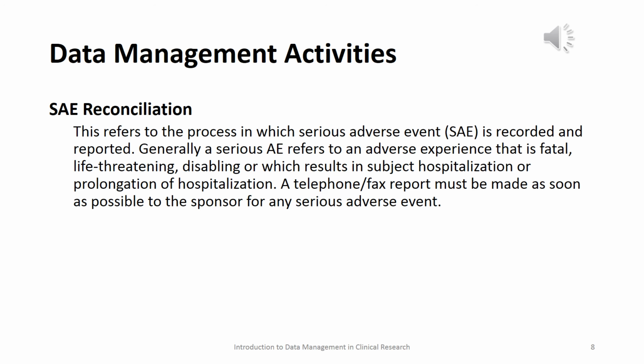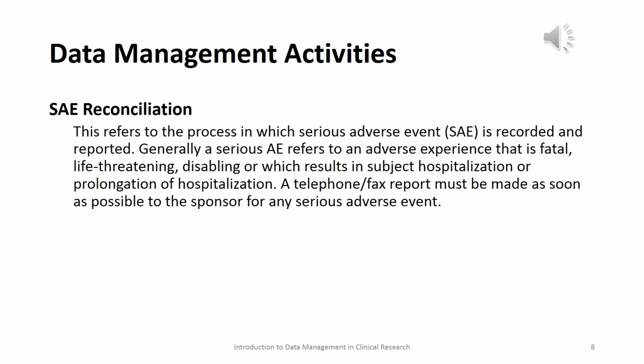So the reconciliation piece is when you've got adverse events, of which you're going to have a lot in a clinical trial. An adverse event can be anything from a headache to a heart attack or a skin rash to something else. So any change in the person's medical condition during the course of a trial could be considered an adverse event.